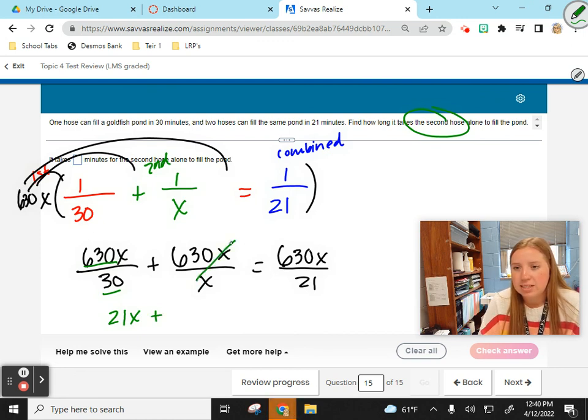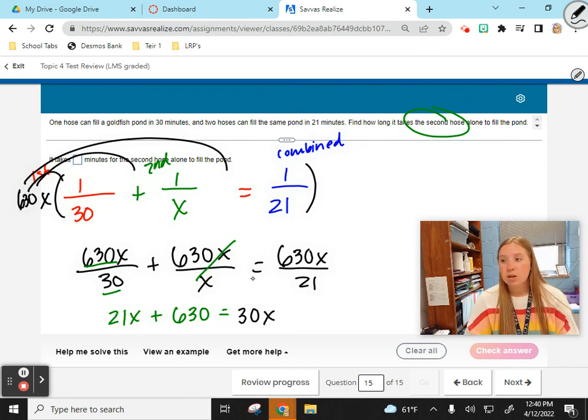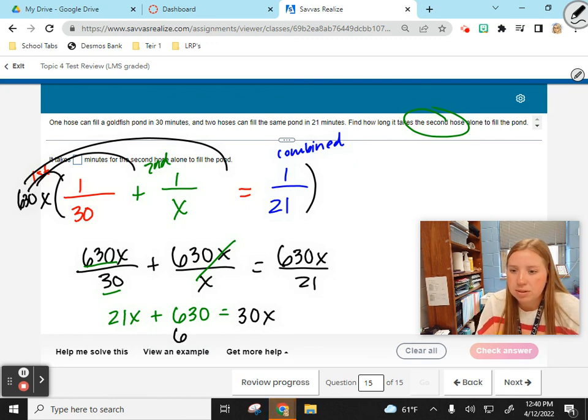630x divided by x is just 630. 630x divided by 21 is 30x. We subtract 21x from both sides. 630 equals 9x.